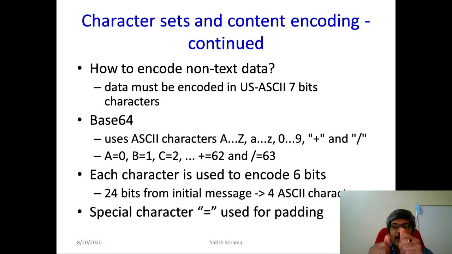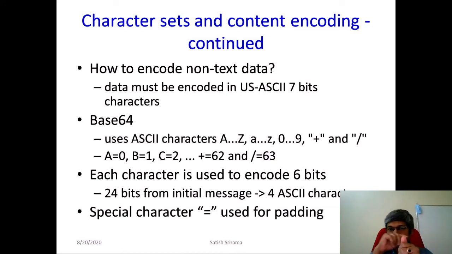If you end up with 1 byte or 2 bytes, you will pad whatever is remaining of these 24 bits with zeros, and at the end of the base 64 message you are sending, you will put a special character, which is equal to (=). This is used for padding.